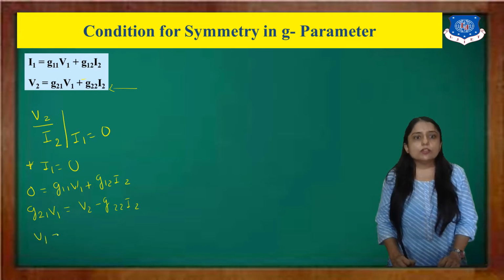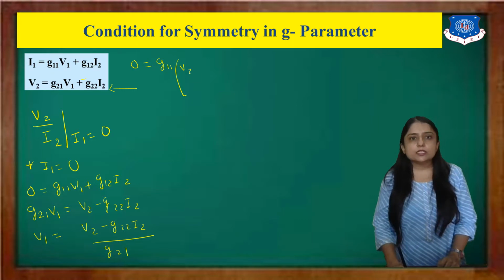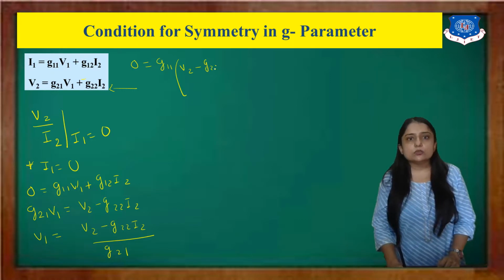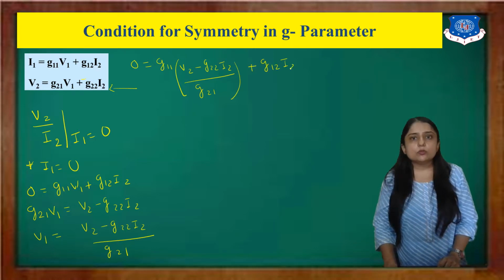So the value of V1 becomes V2 minus G22 into I2 divided by G21. Now let's substitute this value over here. So 0 equals G11 into V2 minus G22 into I2 divided by G21, plus G12 into I2.